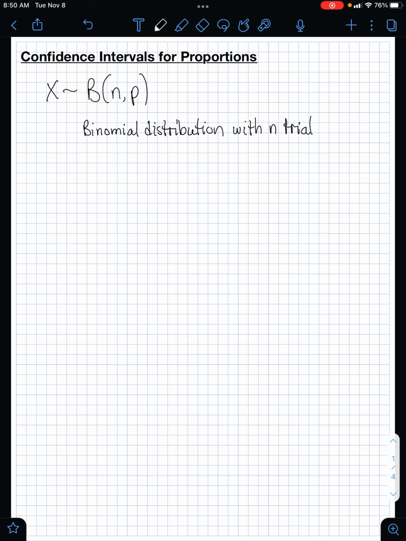That means that n is the sample size. That is how many times the question was asked or how many people we surveyed. And a probability of success p. Those are the parameters for a binomial distribution.